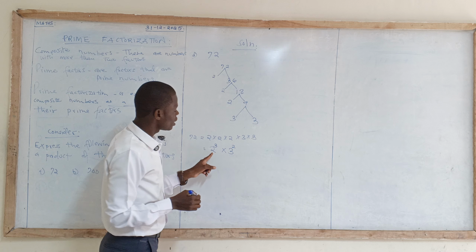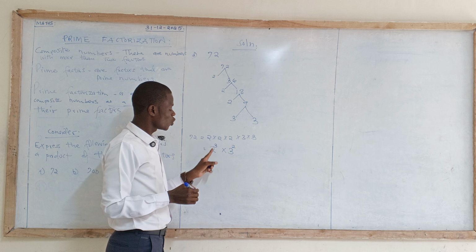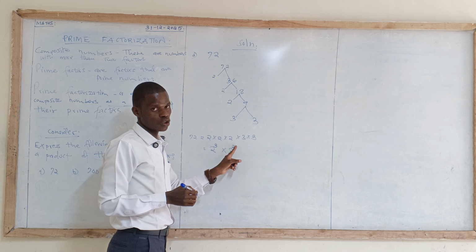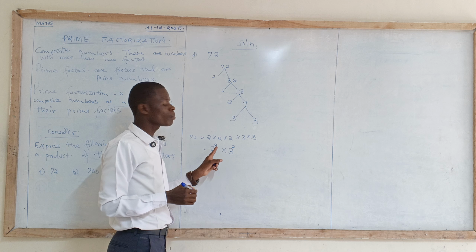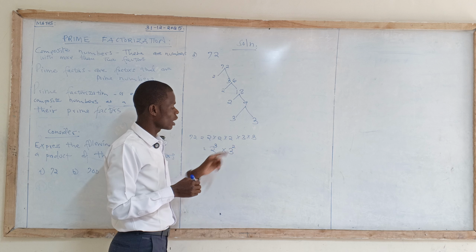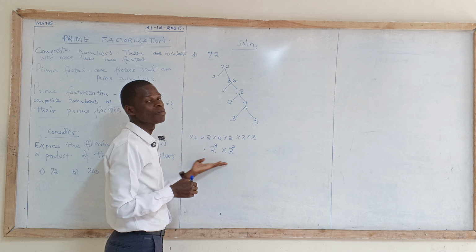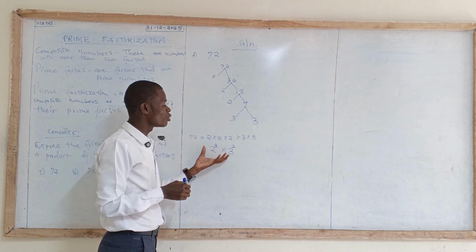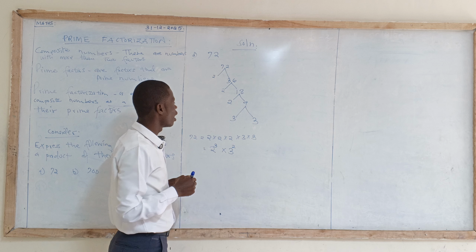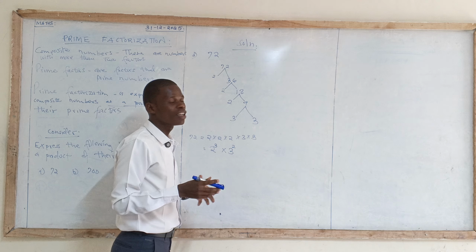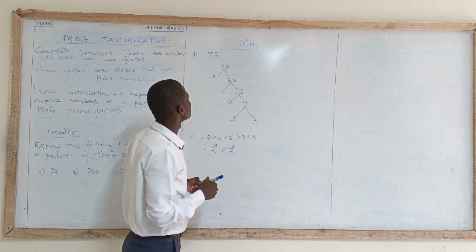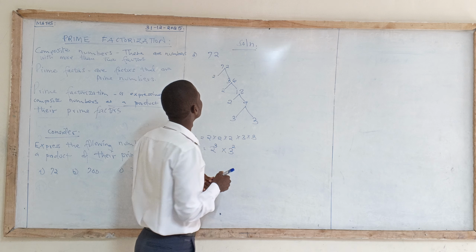This tells us that 2 is multiplied by itself 3 times and 3 is multiplied by itself 2 times. This is referred to as power form. We will soon look at that, but it is good that we amazed ourselves a little bit with a new thing.